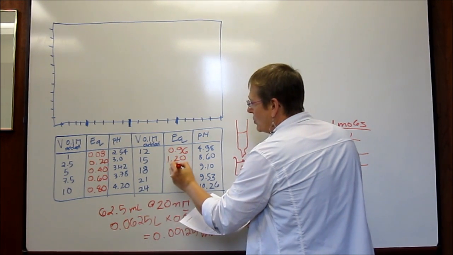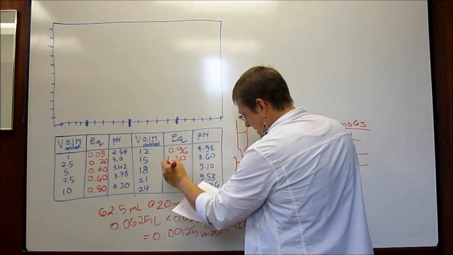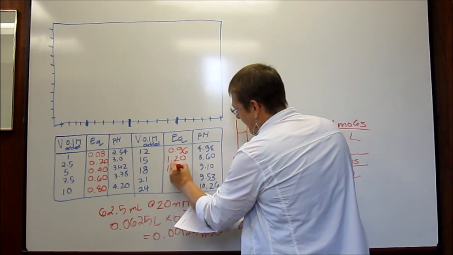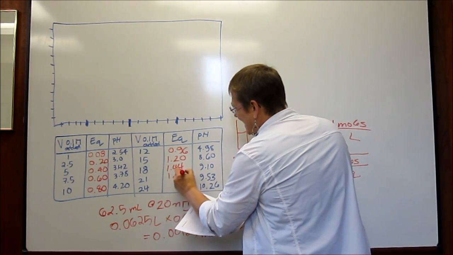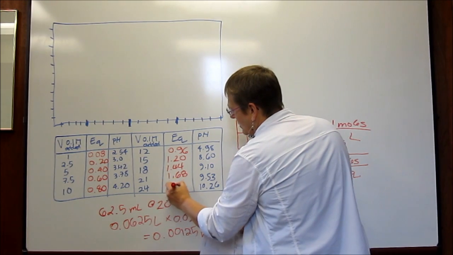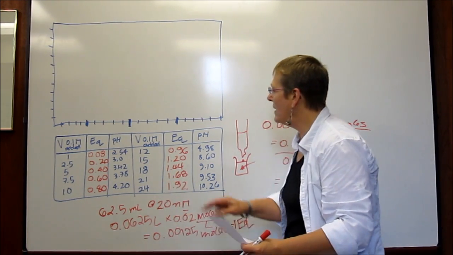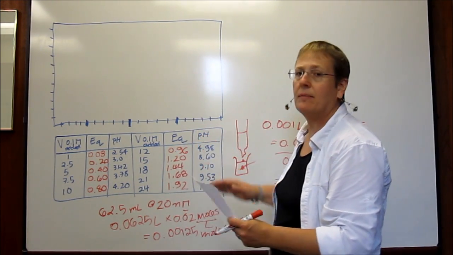So we have 0.2, 0.4, 0.6, 0.8, 0.96, 1.2, 1.44, 1.68, and 1.92. So now we know how many equivalents and what pH that gave us.